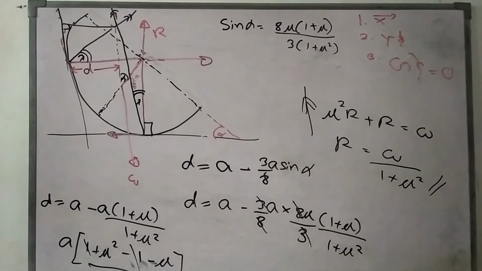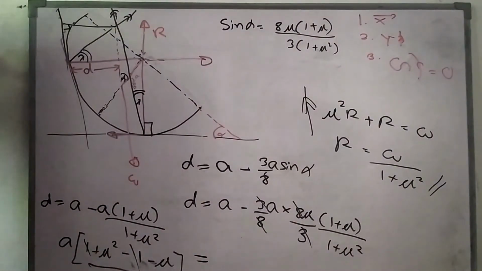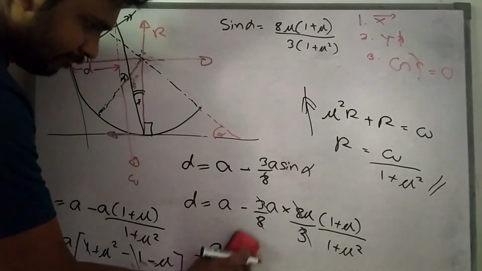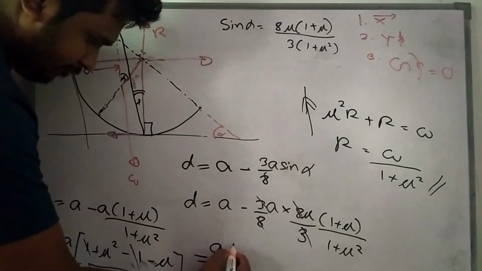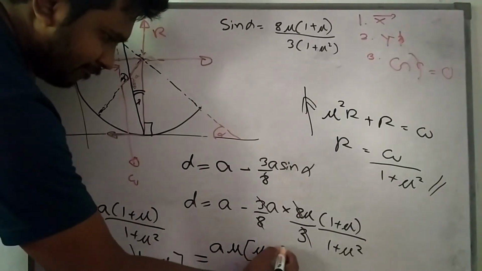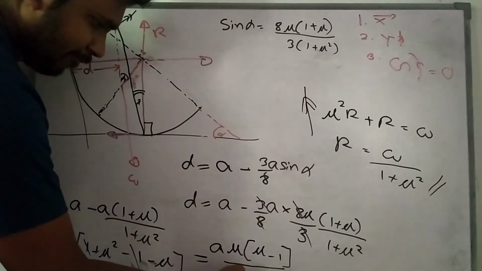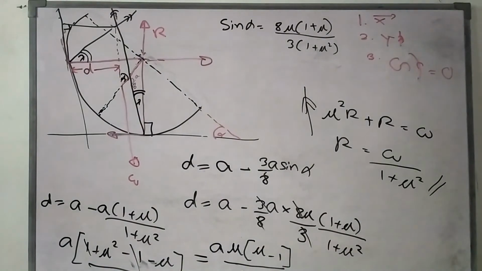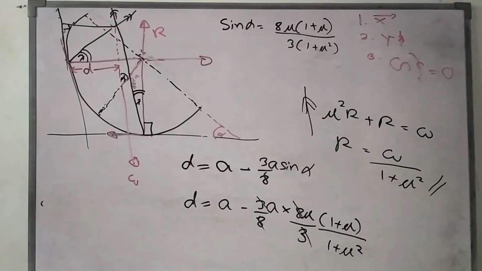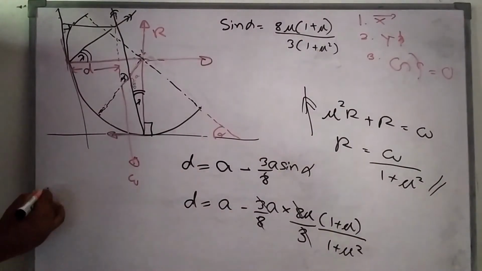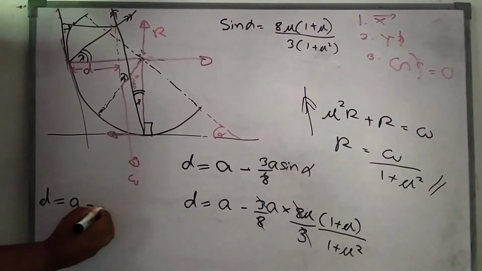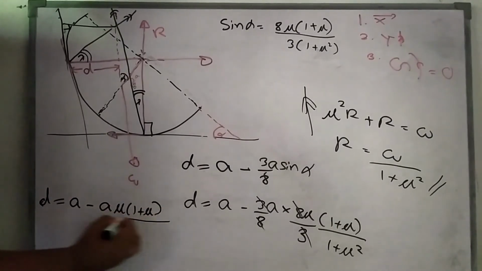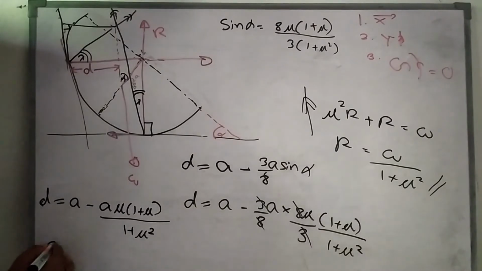One getting cancelled. A, mu taken out, mu minus 1. I'll repeat it again, the simplification.